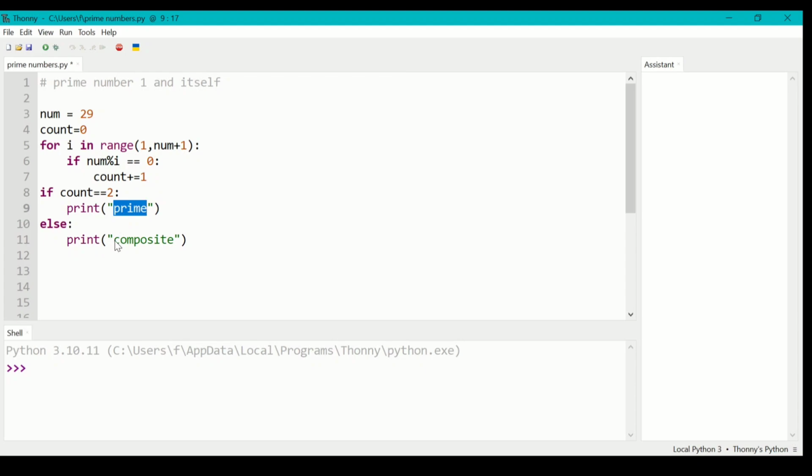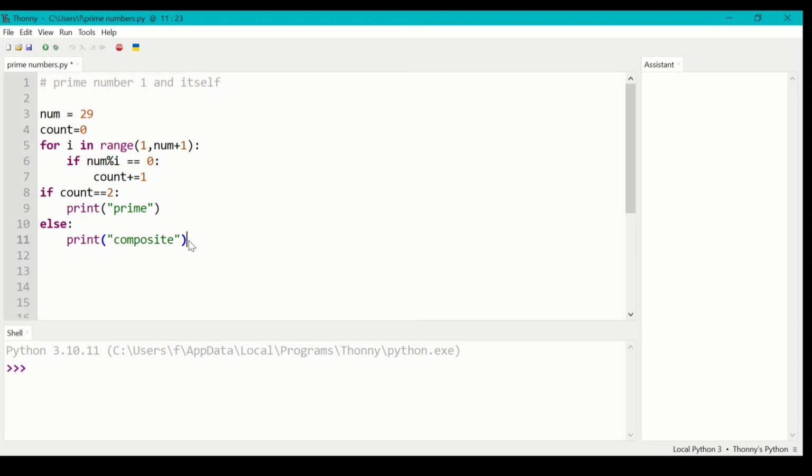If the count is not 2, if it is divided by 4 or 5 numbers, then it is a composite number. The if condition fails, it jumps to the else block and prints composite. This is the logic behind determining a prime number using this Python program.